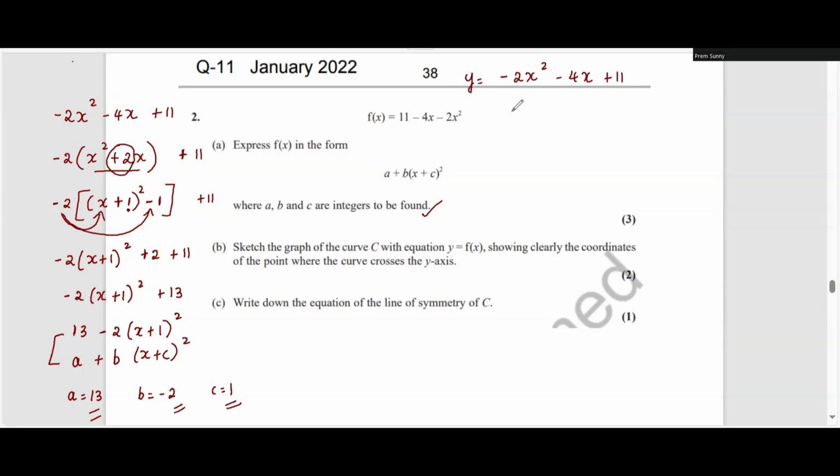To get the y-intercept, x should be 0. So when we substitute 0 for x, you will get y as 11. So the y-intercept is 11.